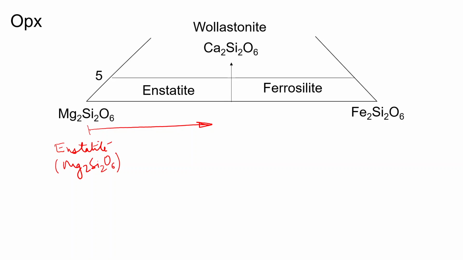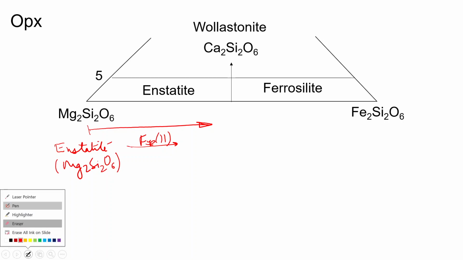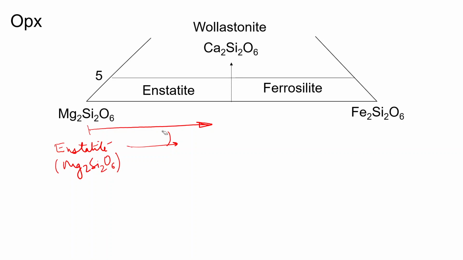Once this is replaced by the ferrous ion Fe2+, meaning the two oxidation state, this will form bronzite.